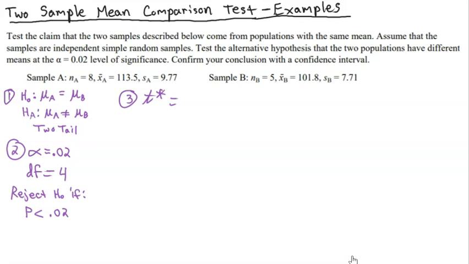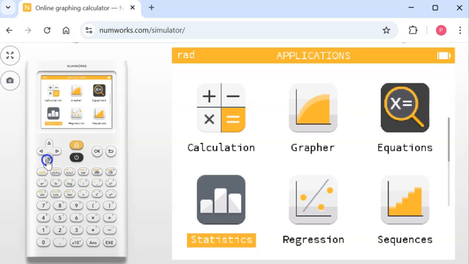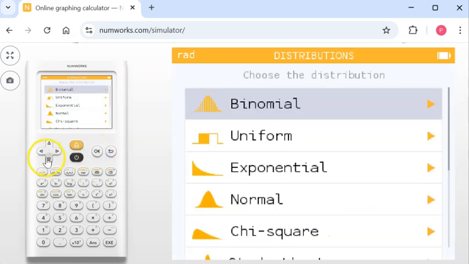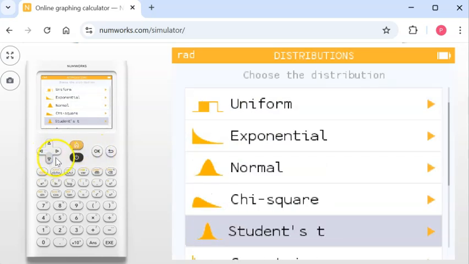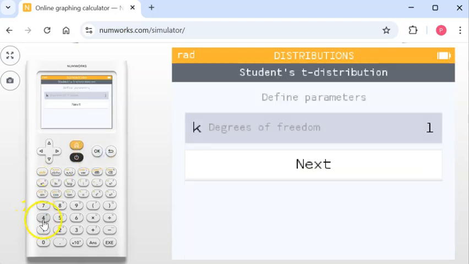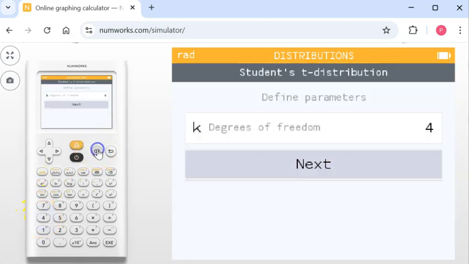So when we plug the alpha in to get the critical t-value, we're actually going to put in alpha divided by 2, which is 0.02 divided by 2, which is 0.01. So here we are. We're going to go down to distributions, okay. Going to go down to Student's t, okay. We're going to put in degrees of freedom 4, okay.